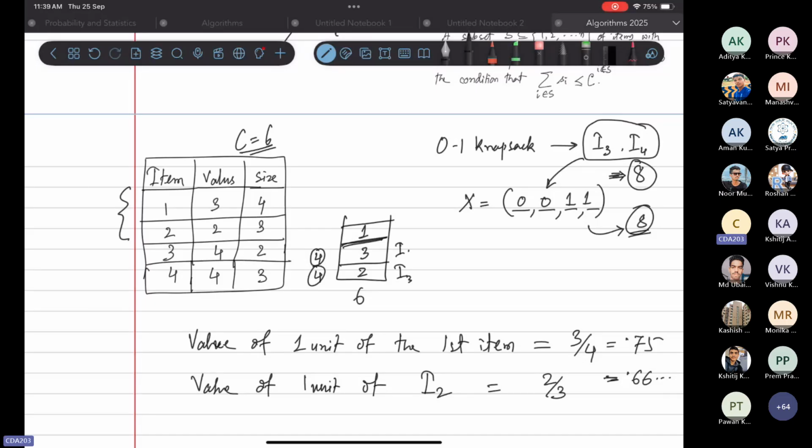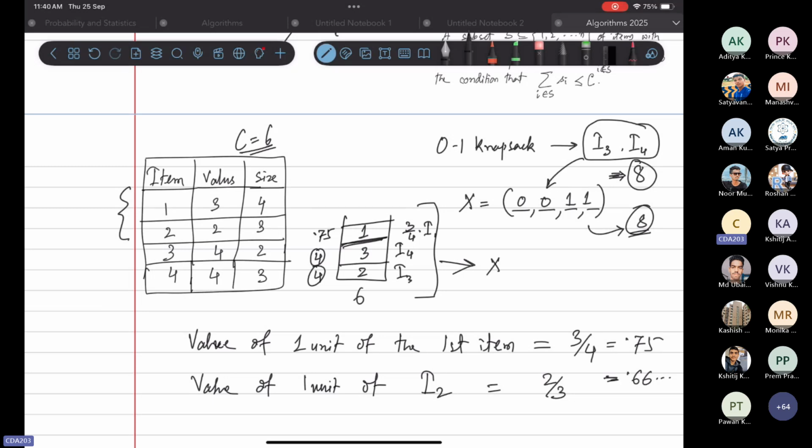This is item 4. This is 3/4 fraction of item 1. What is the value of this? This portion is 0.75. So this is a solution.